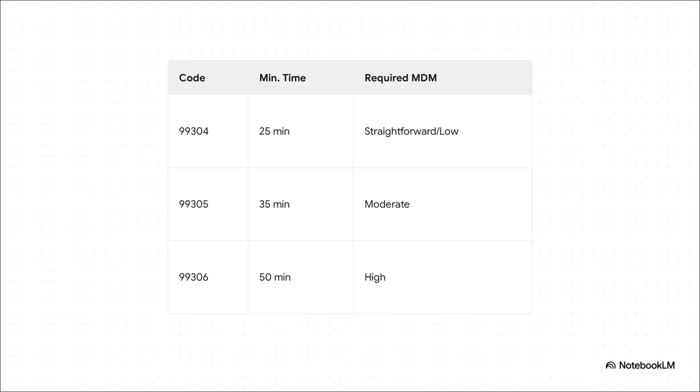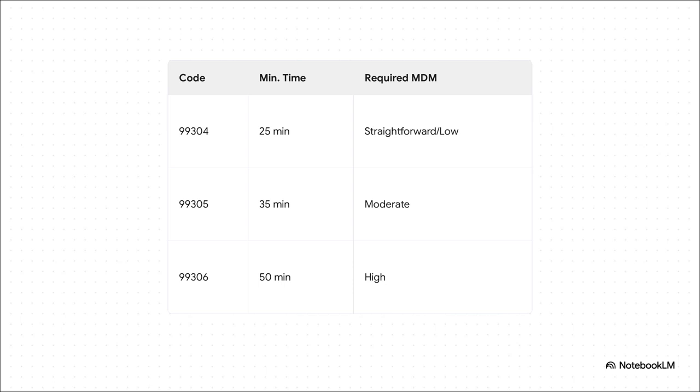Let's break down the initial nursing facility care codes, 99304, 305, and 306. You select these based on either your MDM level or minimum time thresholds on the date of the encounter. Take a look at the high-level initial visit, 99306. That requires 45 minutes of total time or high MDM.